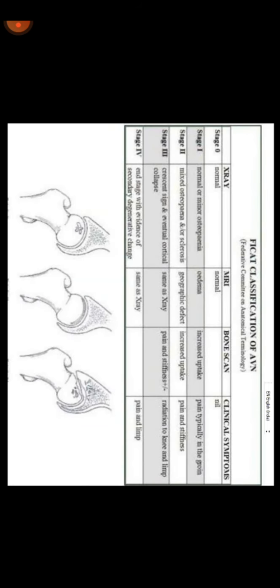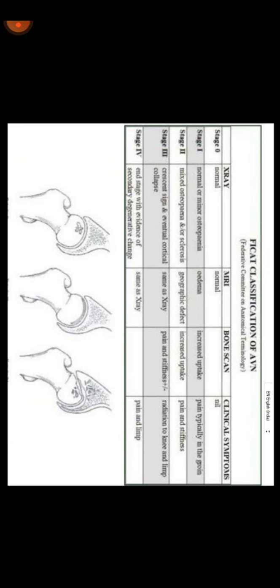Patient complains of pain in the groin and thigh, anterior side of the thigh. Many a time AVN is bilateral. In more than 50-60% of cases it is bilateral only.